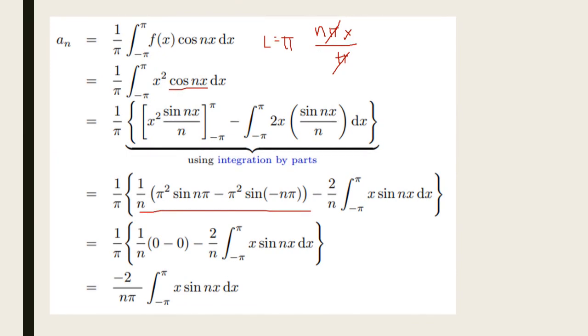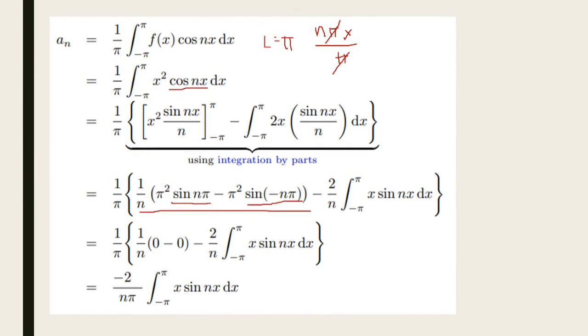As you can see, pi squared sine n pi minus pi squared sine negative n pi, minus 2 over n times the integral of x sine nx dx from negative pi to pi.